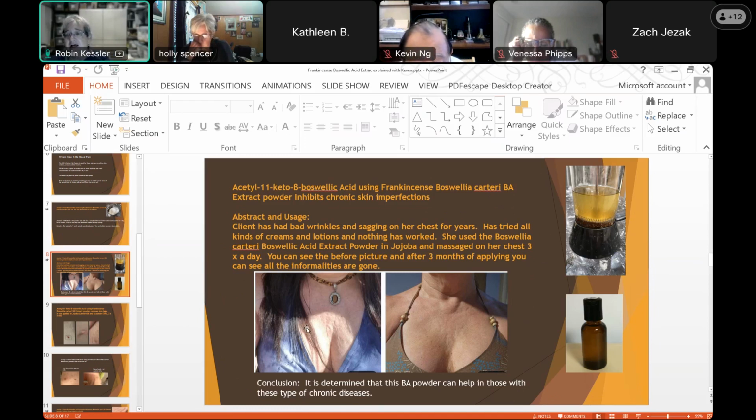So she used the Boswellic extract in the 70% in a jojoba and massaged it on her chest 3 times a day. This is what happened 3 months later. It completely dissolved the wrinkles. So it's amazing what this can do.